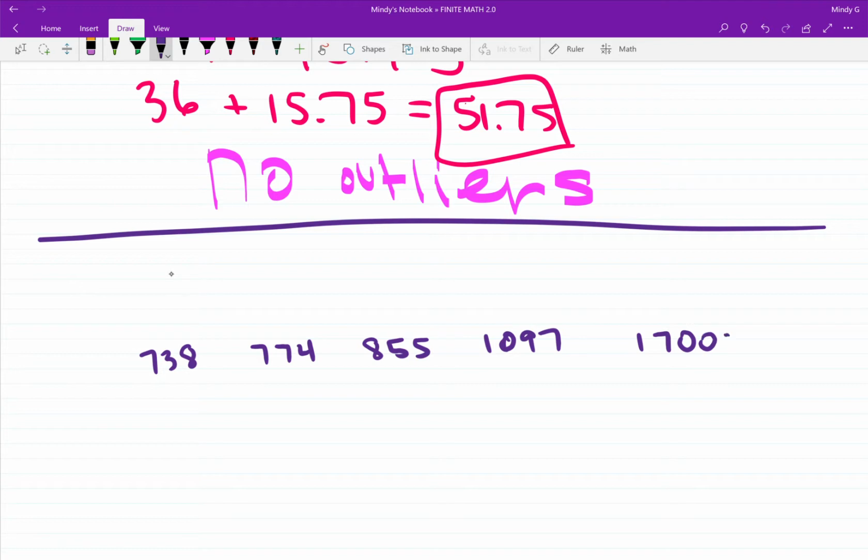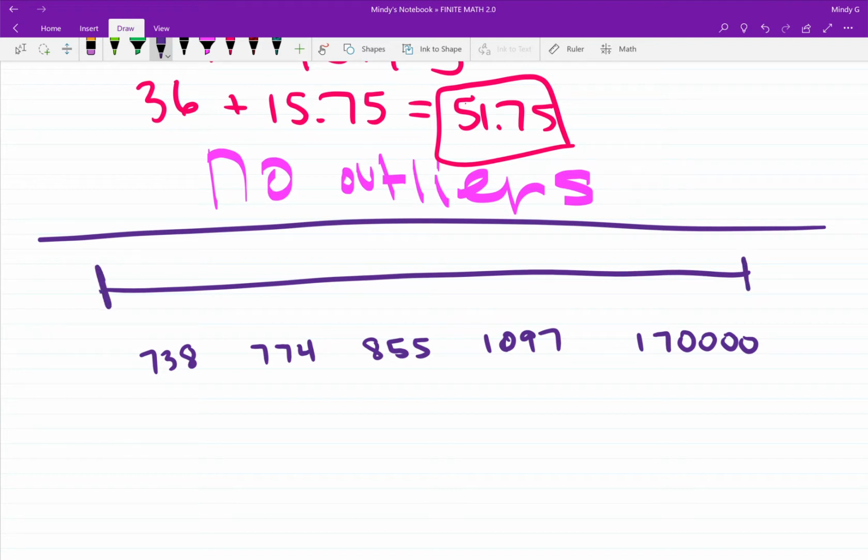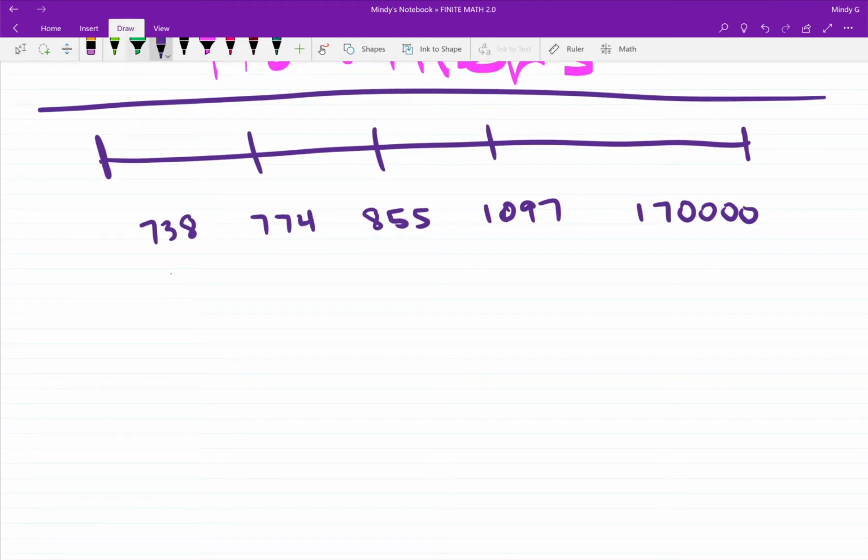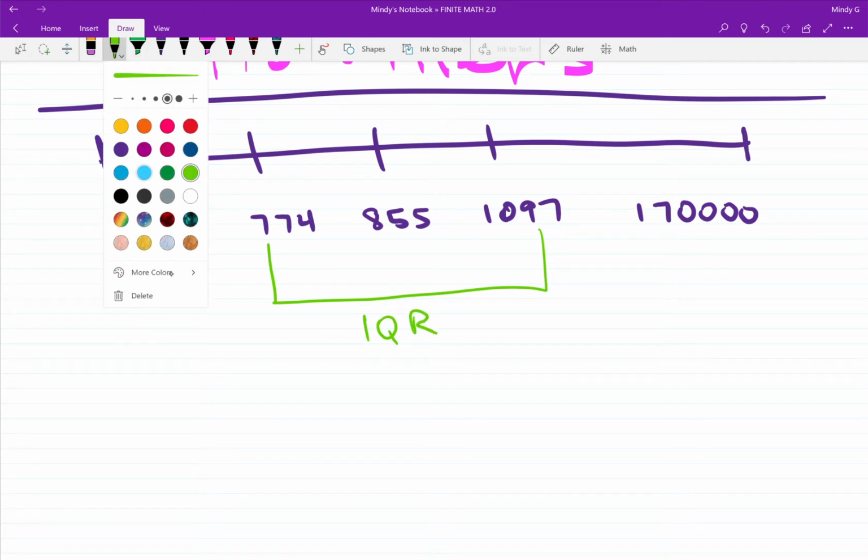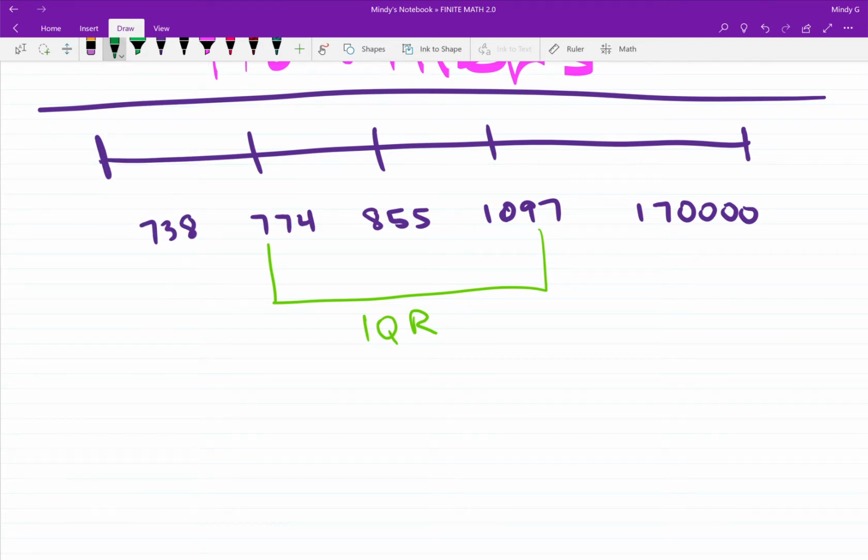Okay, we want to take the interquartile range, IQR, which is what? How do you find the interquartile range? The word range means high minus low. So what is it? I'm getting 323.